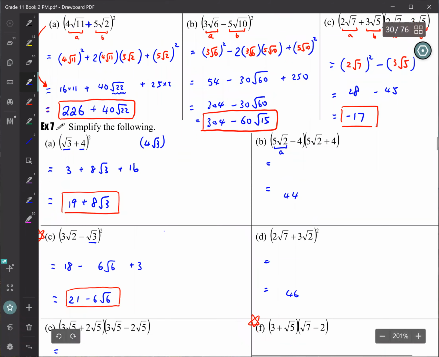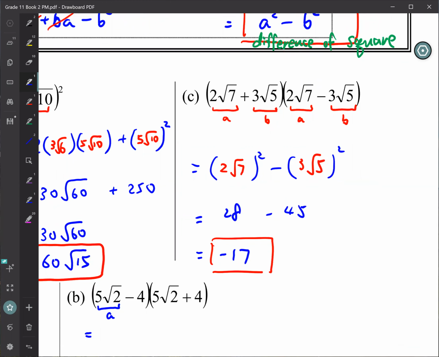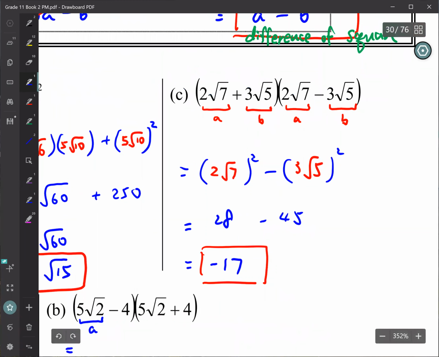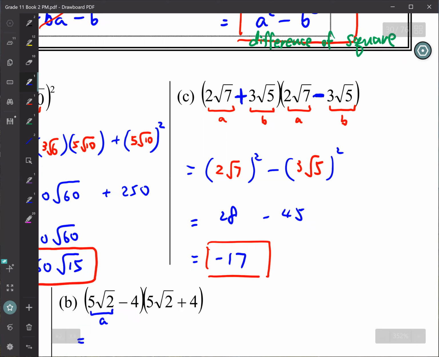That's it? No, no. Okay, so take a look at the example at the top. Do you see the question C that we did? Yeah, I see. Right, each bracket has A plus B and A minus B. Each bracket has A and B. The only difference is one is plus, the other one is minus.